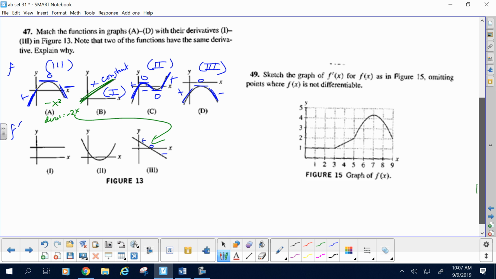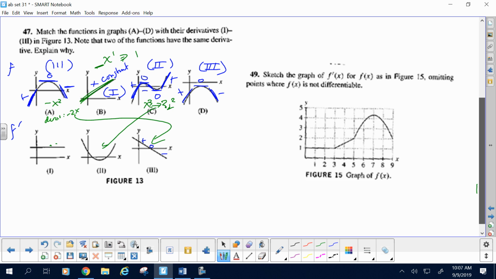This looks like a constant, x to the first. Whatever is here. What's the derivative of x to the first? 1, x to the 0, or just 1. Okay? What about the derivative of x cubed? 3x squared. That makes sense that it would have a derivative.